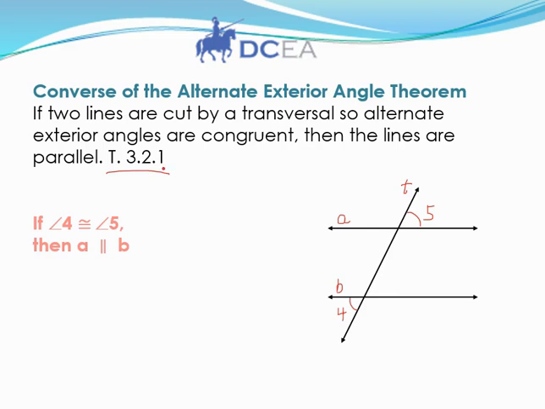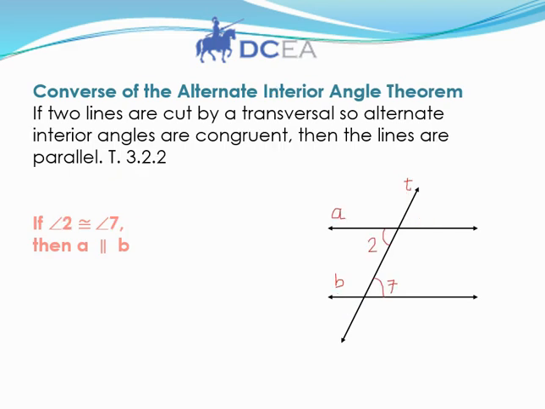So if angle 4 is congruent to angle 5, then A is parallel to B. The converse of the alternate interior angle theorem, there's our interior angles.